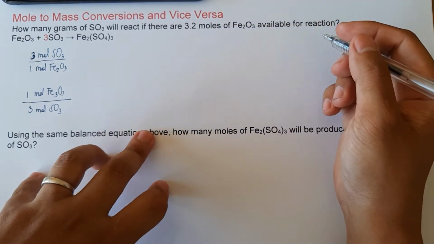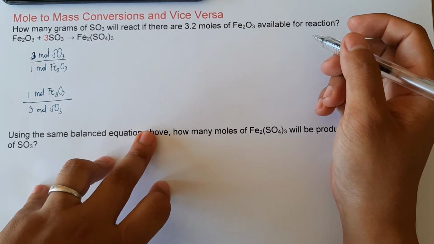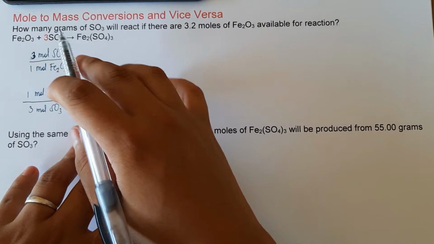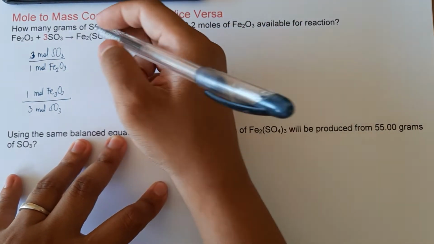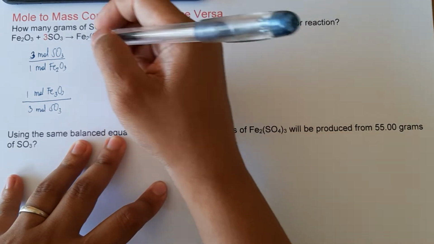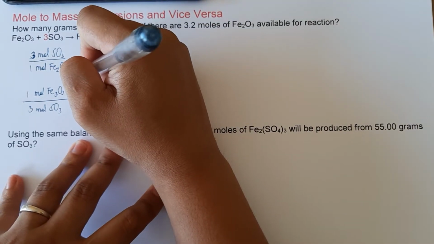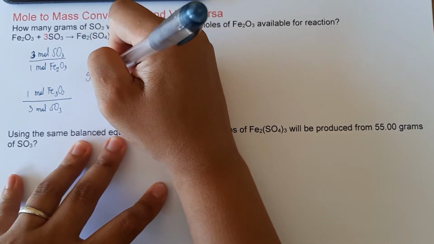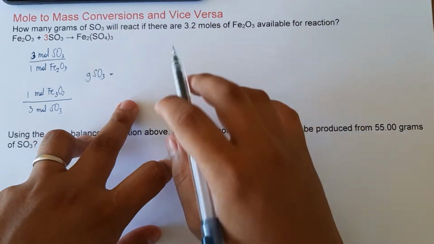Okay. So, ang atin pong hinahanap ay how many moles of sulfur trioxide. Ay how many grams. How many grams of sulfur trioxide. So, we write here grams of sulfur trioxide is equals to. Ito yung ating hinahanap.